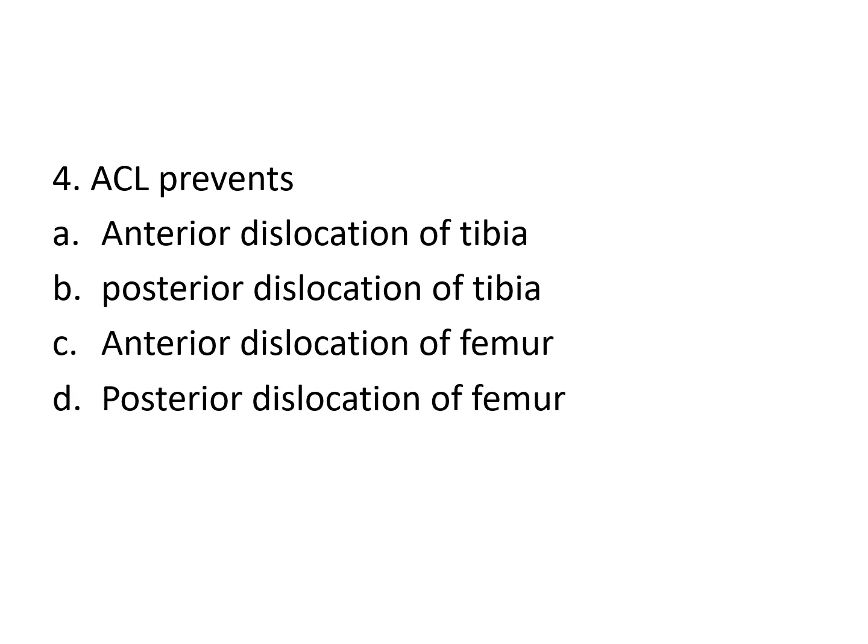Now in this MCQ we will see what the anterior cruciate ligament prevents. We already know that the anterior cruciate ligament is attached to the anterior aspect of the tibia. So naturally what happens is during extension, this ligament prevents hyperextension of the knee joint and thereby prevents anterior dislocation of the tibia.